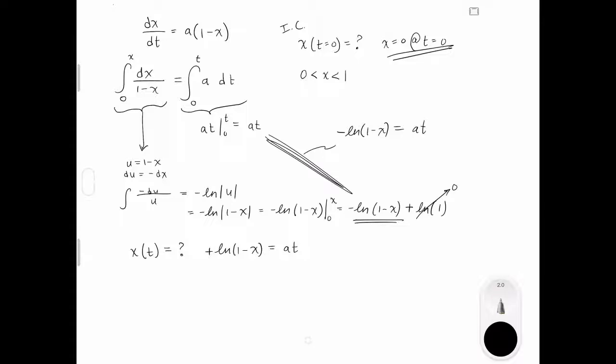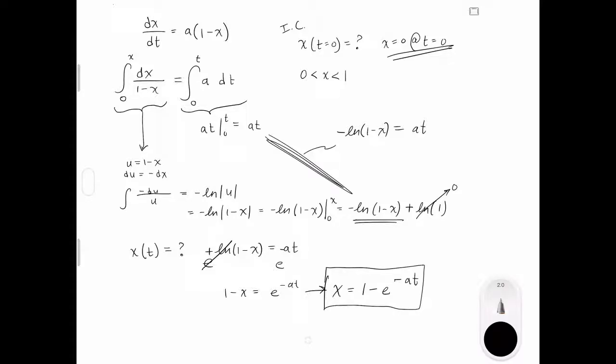To rearrange, I would move the negative sign over, exponentiate both sides, e and natural log cancel, and we get 1 minus x is equal to e to the minus at, and therefore x is equal to 1 minus e to the minus a t. And that's the answer.